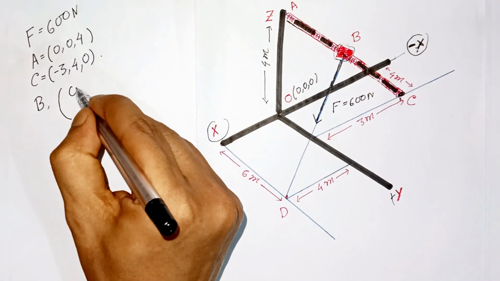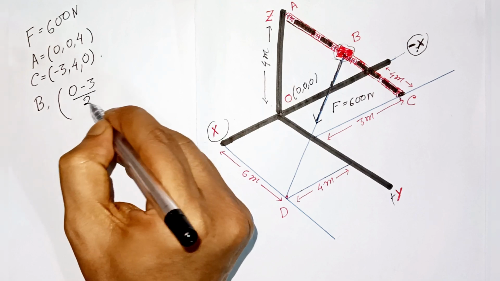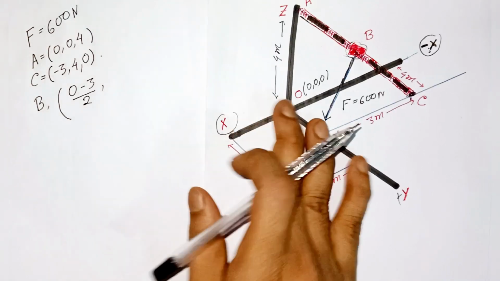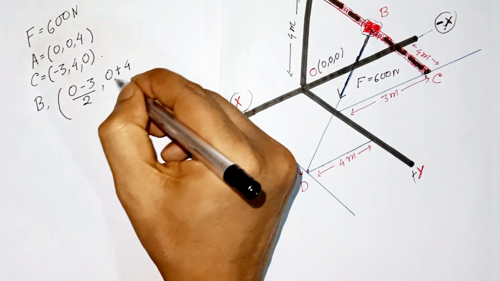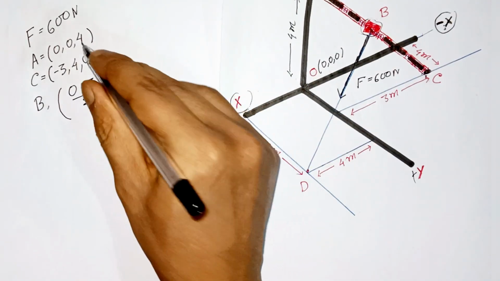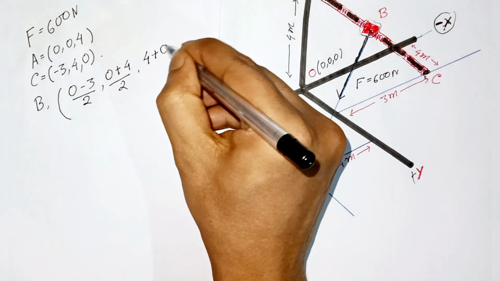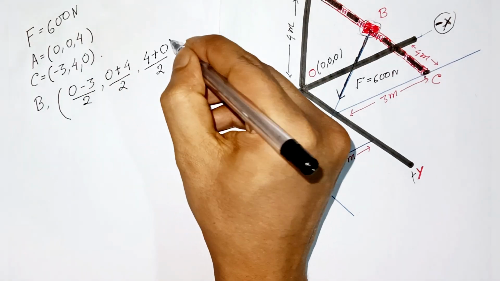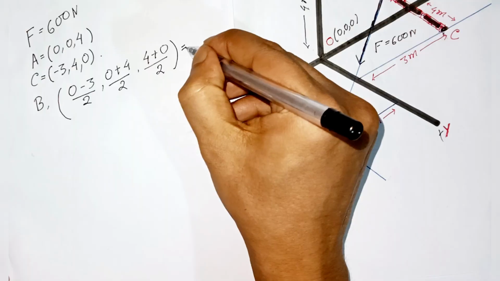That means (0 minus 3) divided by 2, comma, this is the x coordinate. (0 plus 4) divided by 2, this is the y coordinate. And what will be the z coordinate? (4 plus 0) divided by 2. I think you understood what I mean to say. Then calculate B.